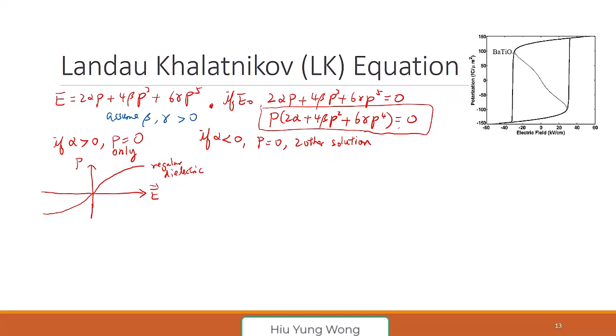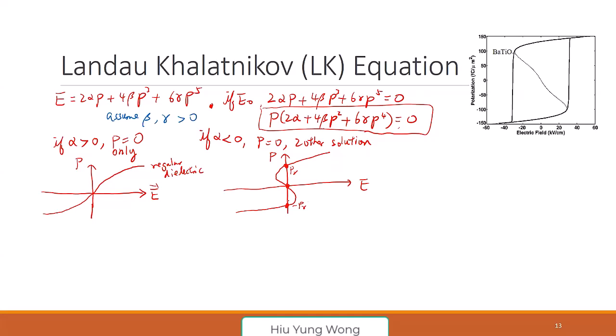Okay? But otherwise, now I swap the coordinate a little bit, right? You will get something like this. You have 3 solutions. One is 0. When P equals 0, it gives you 0 E. Another is P equal to actually the remnant field and negative remnant field.